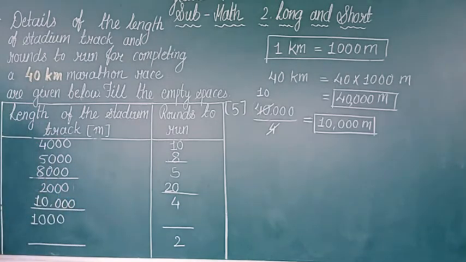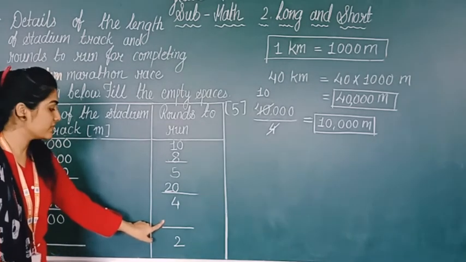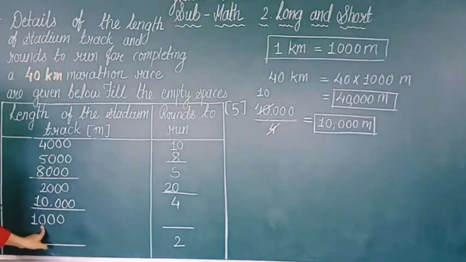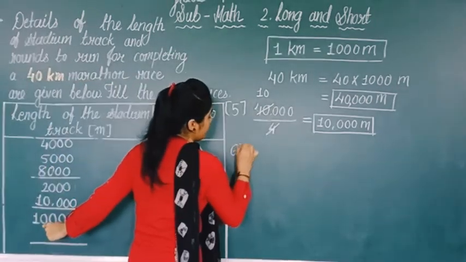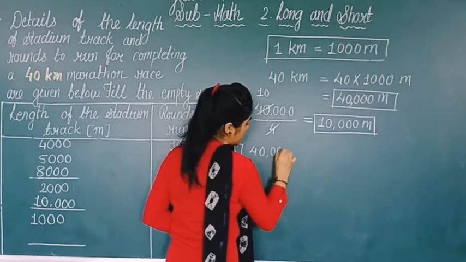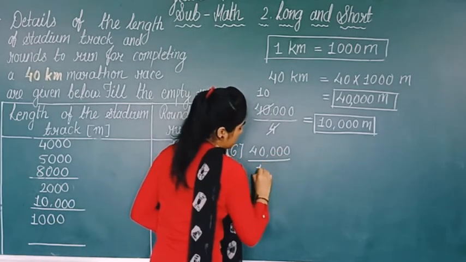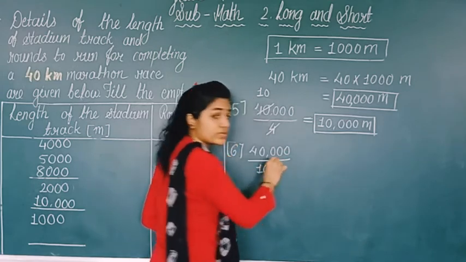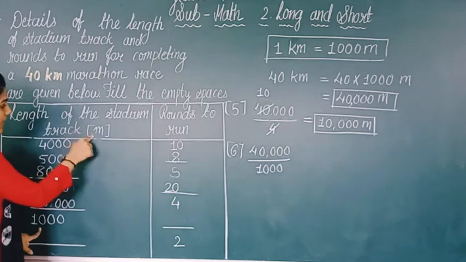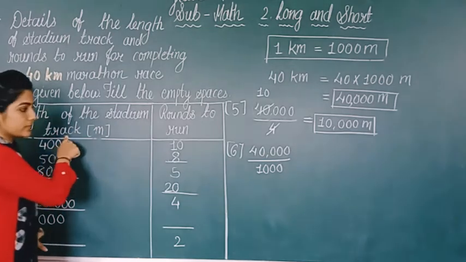Now number 6. In number 6, 1000 is given and this space is empty. That means we need to find rounds to run. So we are taking this 1000 in the place of denominator. So we are taking this 40,000 upstairs and downside we are writing 1000. Why? Because 1000 is our length of the stadium track, right?